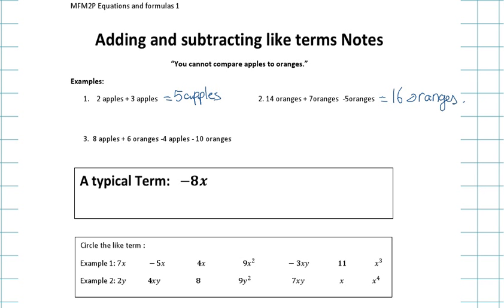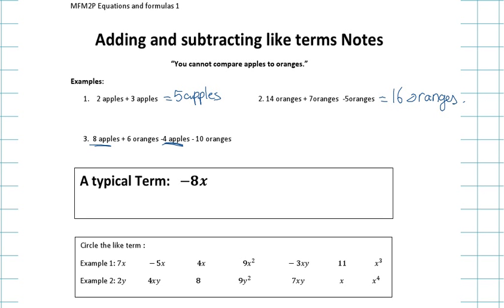How about if I have 8 apples plus 6 oranges minus 4 apples minus 10 oranges? What do I do? So I'll add the oranges up together, and what do I do with the apples? Can I add the apples together? I have 8 apples and 4 apples, right? You can't add the oranges though, right?